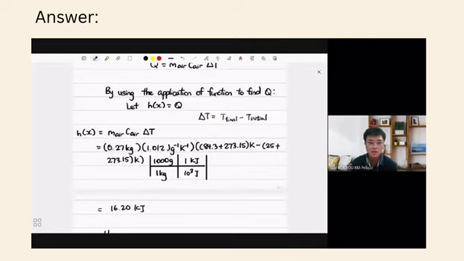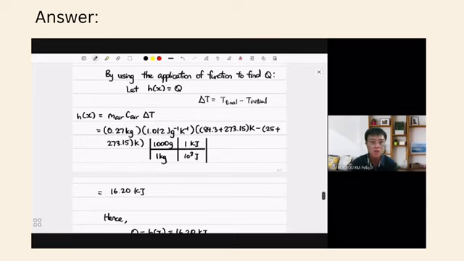And it's not finished yet because we want to change our answer into kilojoule. As you can see, the mass of the air is 0.27 kilogram, so we need to change it to gram. We multiply by 1000 gram, then divide by 1 kilogram.